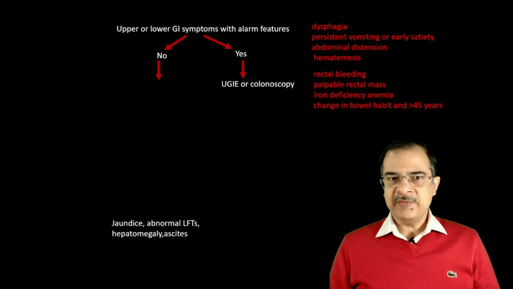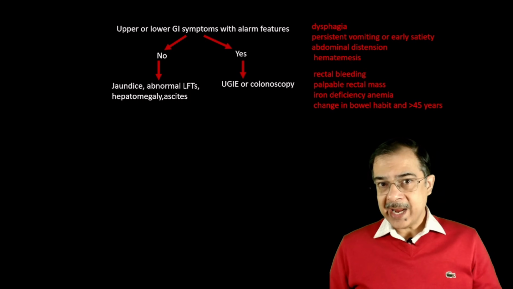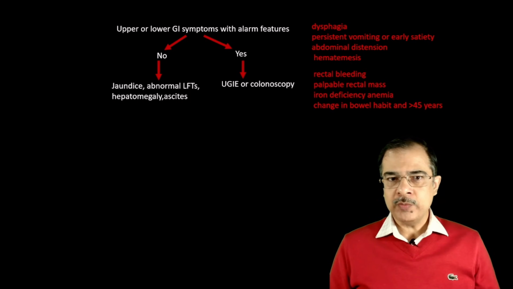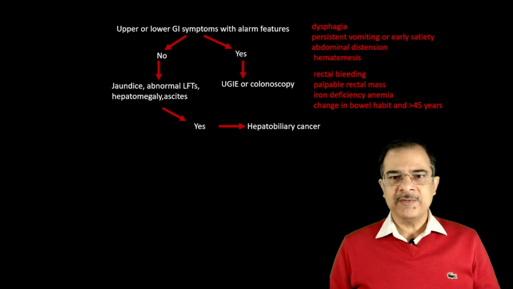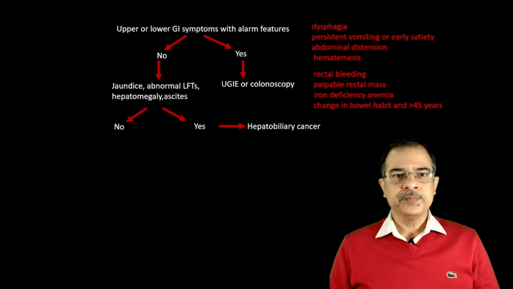If these alarm features are not present, then we will assess whether jaundice, abnormal liver function test, hepatomegaly, or ascites is present or not. These features will help us in making a diagnosis of hepatobiliary cancers, or whether any chronic liver issues are present.